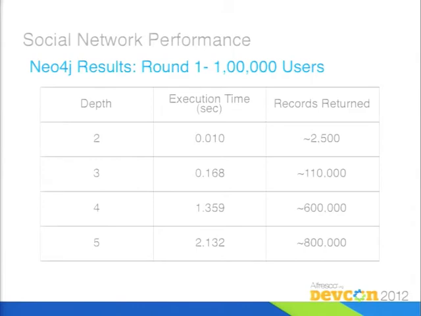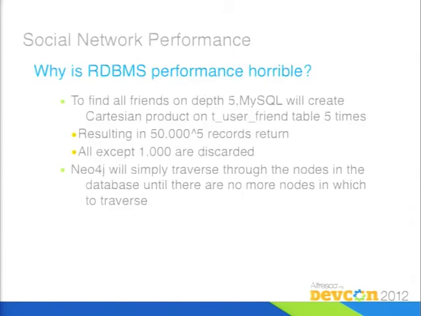And I'm going to explain exactly why that is the case. So why is relational database performance so horrible? Basically, to find all friends at depth 5, MySQL has to create a Cartesian product on the table that stores the relationships, the foreign keys in the user table.